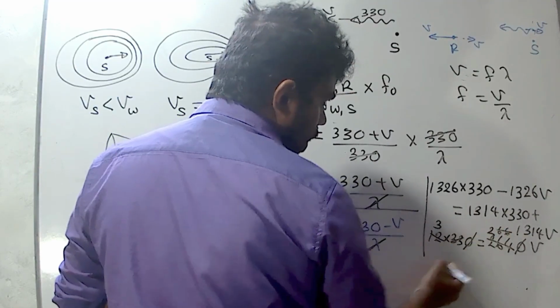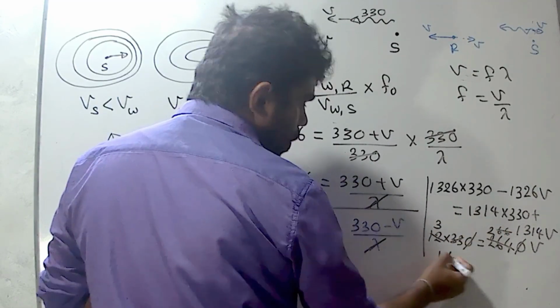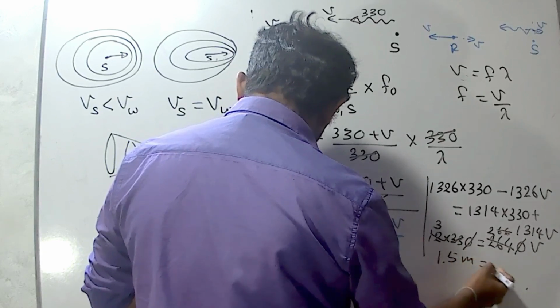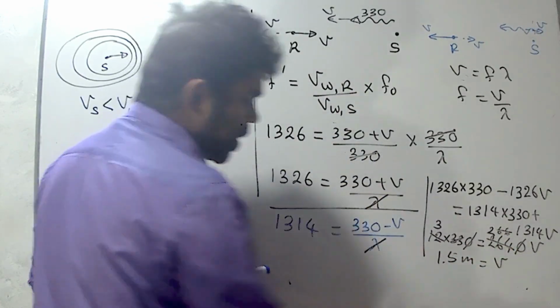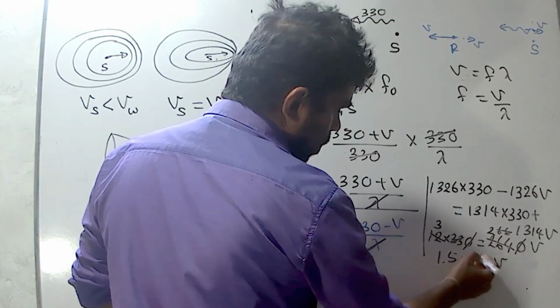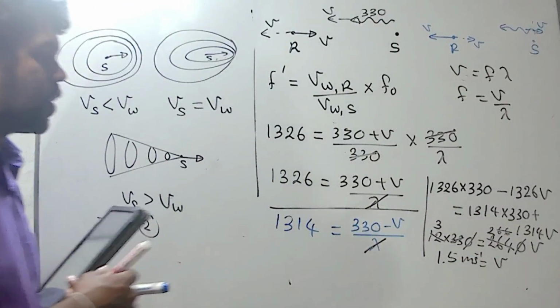Then we get 3 divided by 2, which is 1.5 meters per second. It is the v value, the velocity.